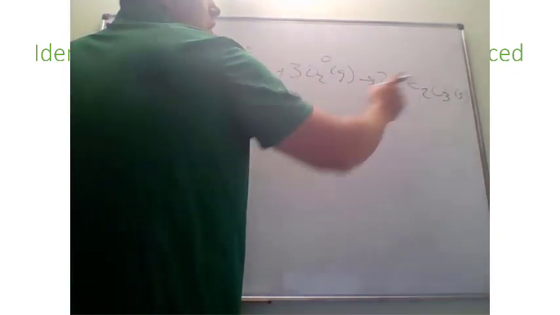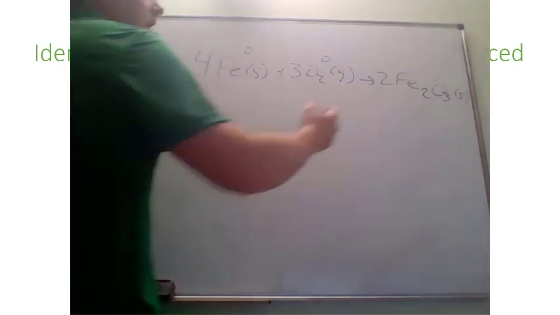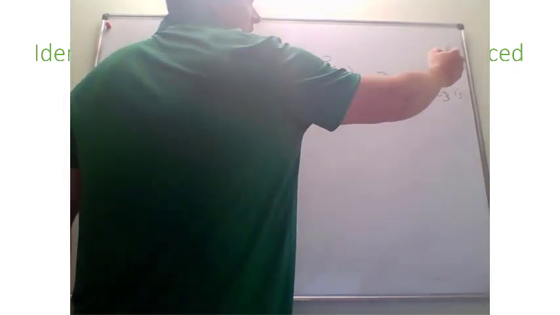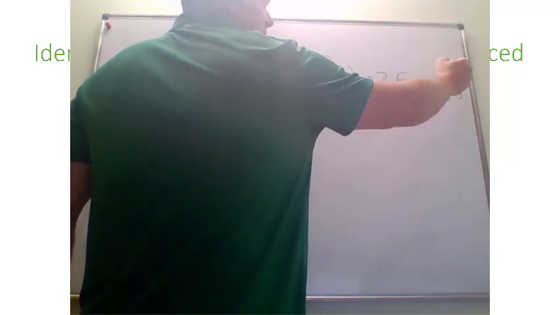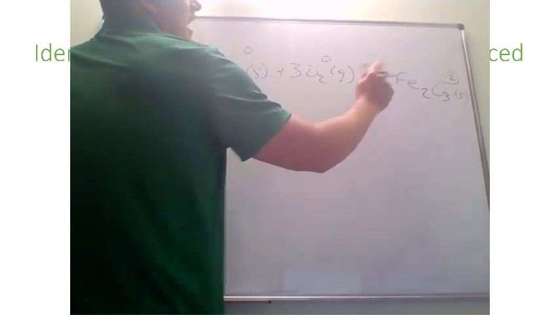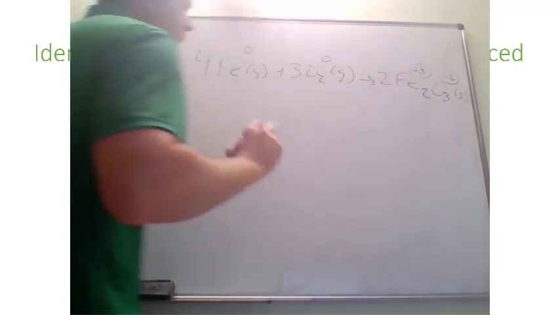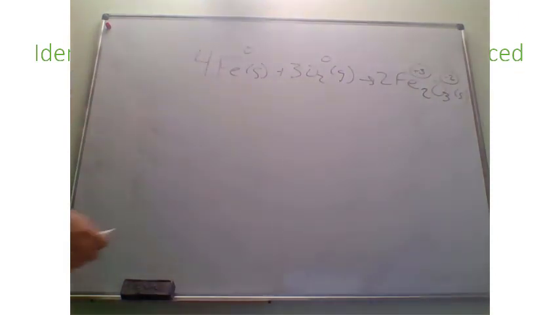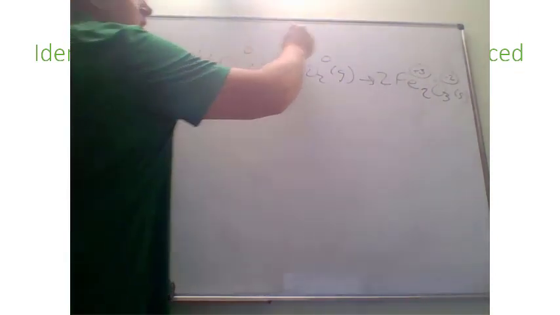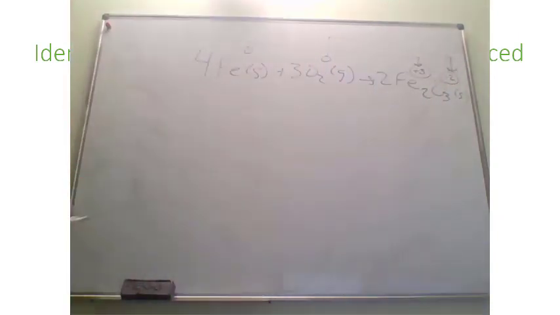And then Fe2O3 is an ionic salt. So oxygen is going to have its oxidation number of -2. And then since this is iron 3, it's going to have an oxidation number of +3. So what we can see now is that this iron goes from 0 to +3, and the oxygen goes from 0 to -2 oxidation number.